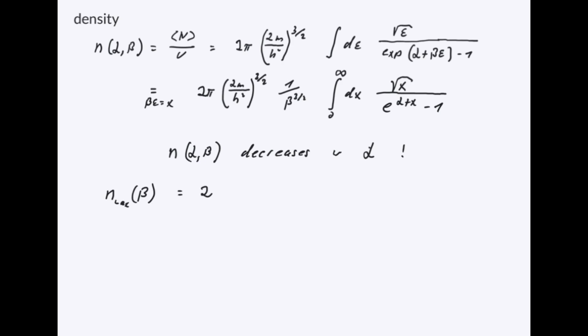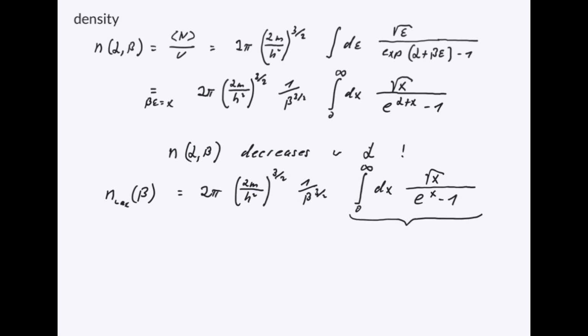is equal to 0. n max is just a function of beta and is given by an expression in which there is a prefactor which scales like 1 divided by beta to the power 3/2 coming from the change in variables, and the final integral dx from 0 to infinity square root of x divided by e to the power x minus 1, which is a Riemann integral, the value of which is given by gamma of 3/2 times zeta of 3/2.